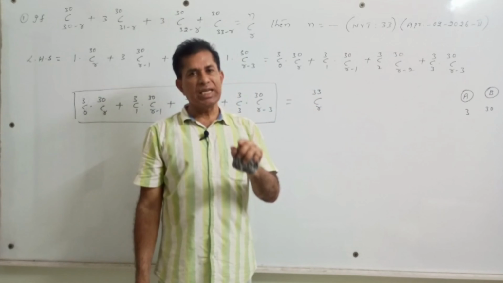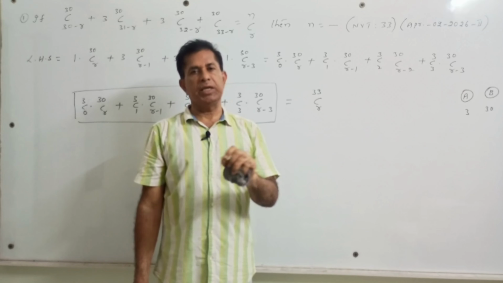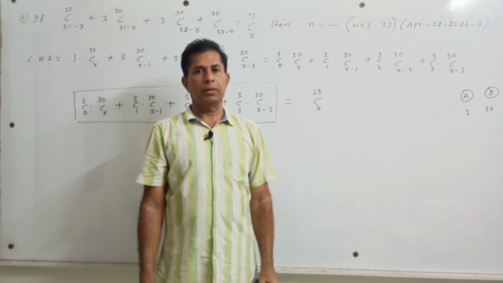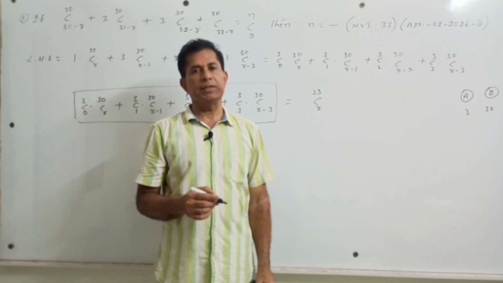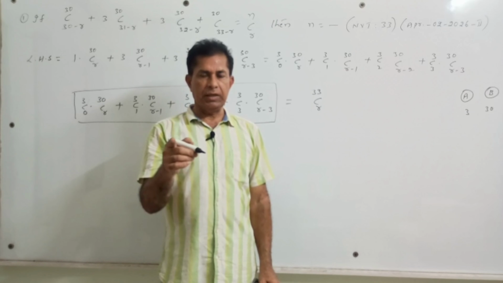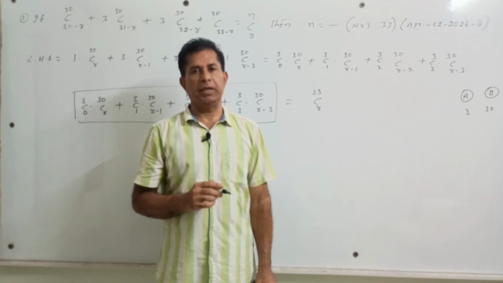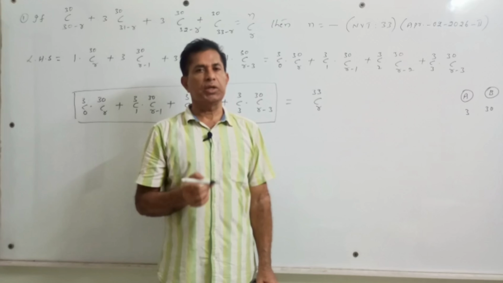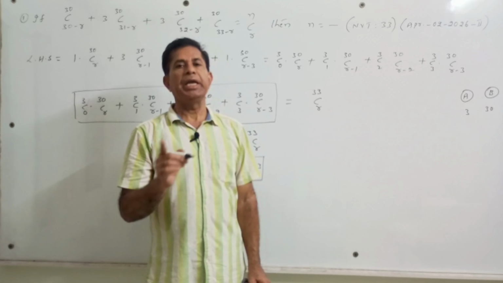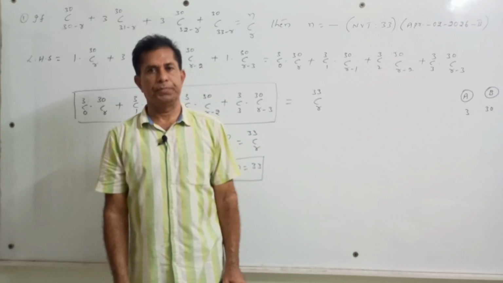If the given series has the property that the sum of the lower indices is the same, directly we can say the value of the given series is equal to the sum of the upper indices C the sum of the lower indices in any term of the series. That is said to be Vandermonde's identity.